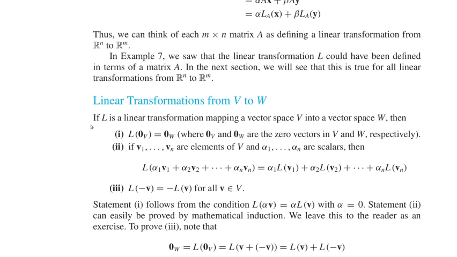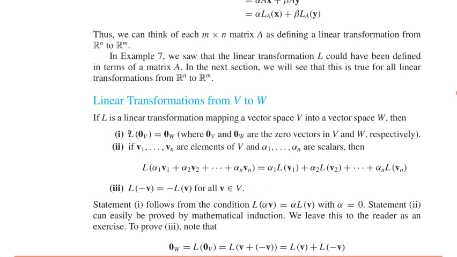For example, your vectors can be matrices, functions, continuous functions or polynomials, different examples that we've done. For those general cases, here's a description of what happens if you have a vector space V and you're transforming it using a linear transformation onto a vector space W. These three properties should hold.